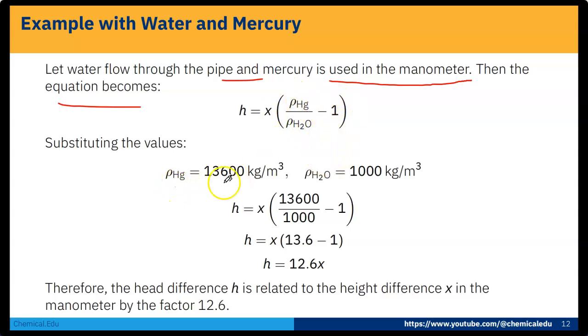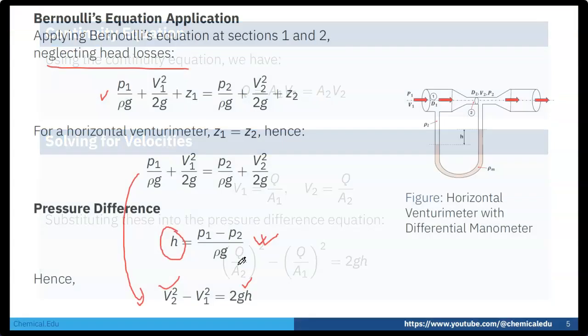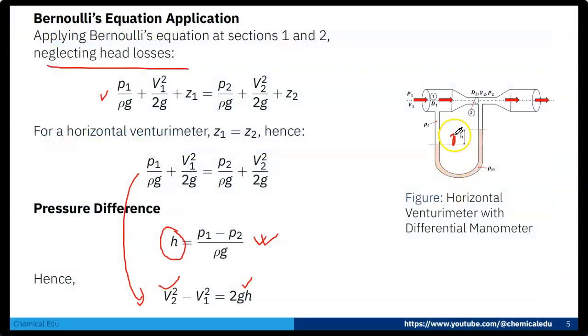Now if rho Hg is 13,600 and rho H2O is 1000 kg per meter cube, H will be 12.6 into X. So the head difference H is related to the height difference X in the manometer by the factor 12.6.